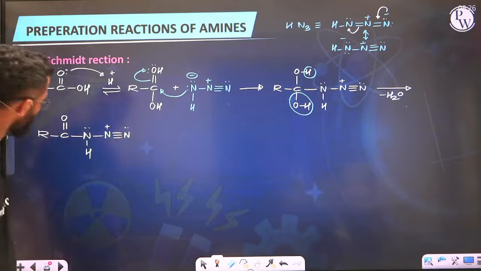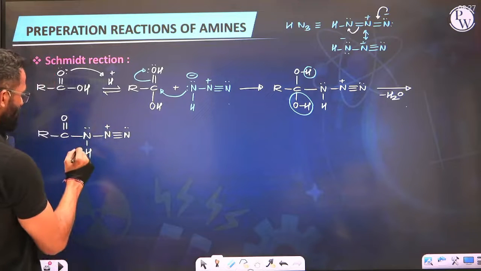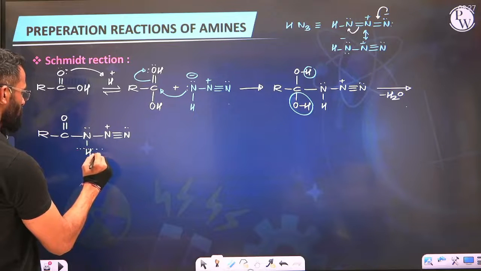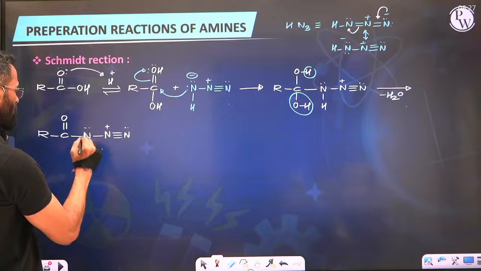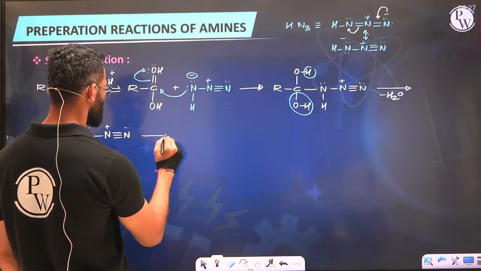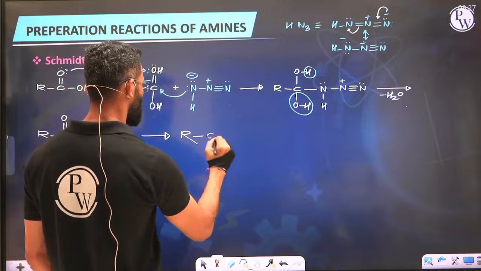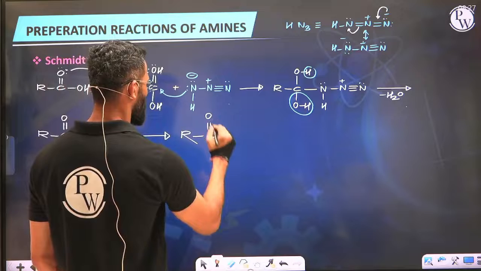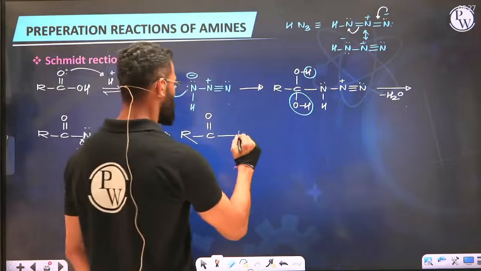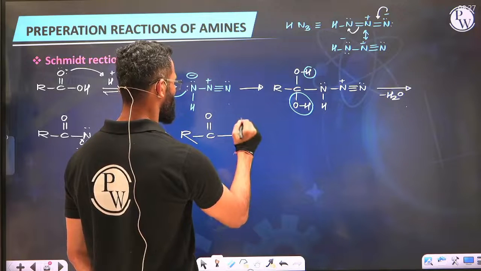Alright everyone. Now as soon as this water leaves, it takes away the proton from here. So loss of proton will convert this molecule into RC double bond O. So we got acyl, singly bonded connected to N, carrying 2 electron pair, making it N minus.